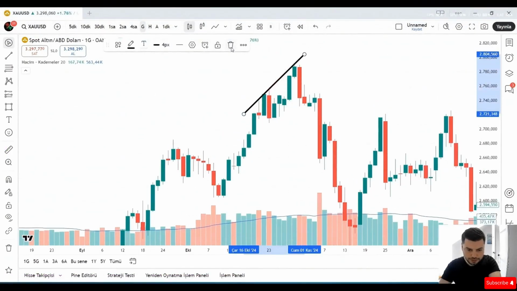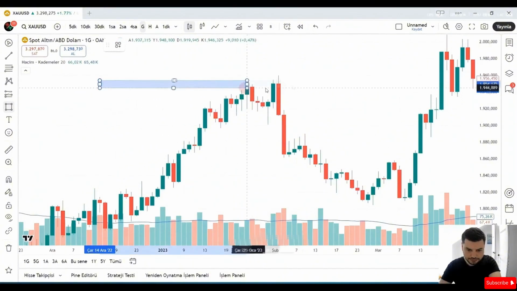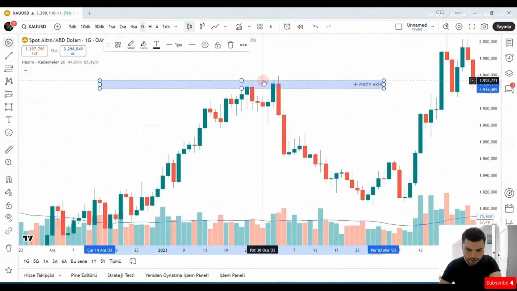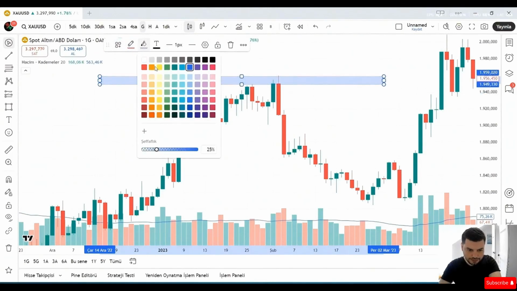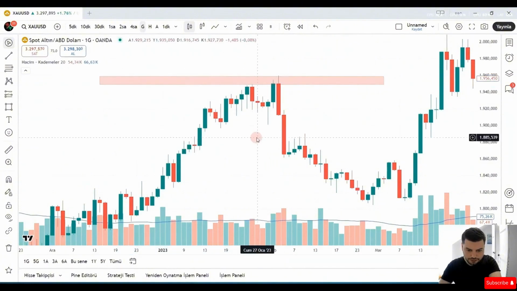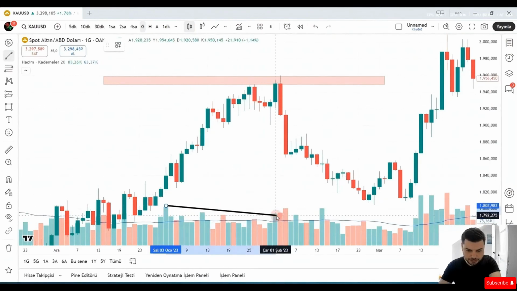Let's continue with our examples. Now, this is a resistance zone. We mark it like this. We made it red. Now, friends, the price is rising very significantly again. But when I look, the volume is falling.